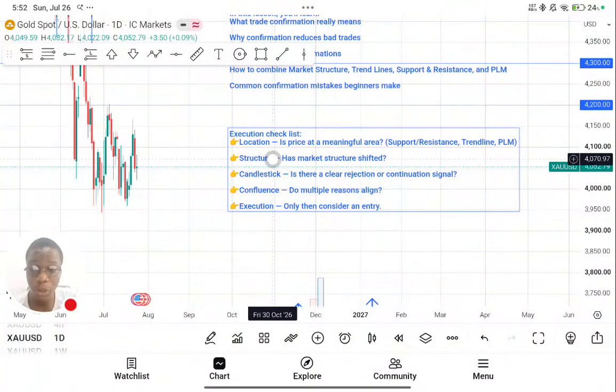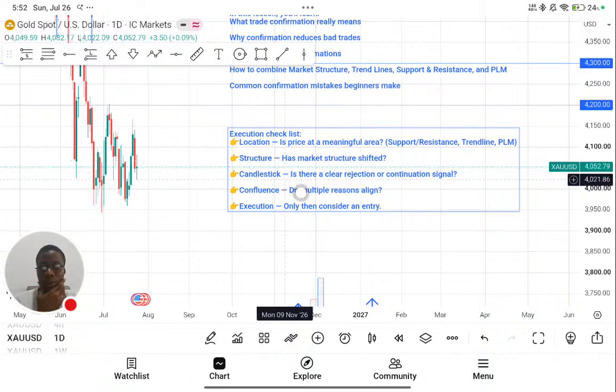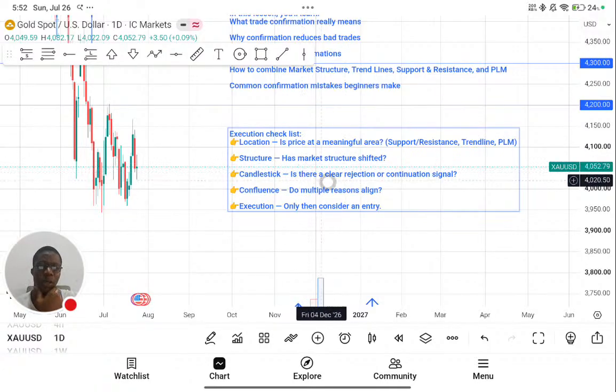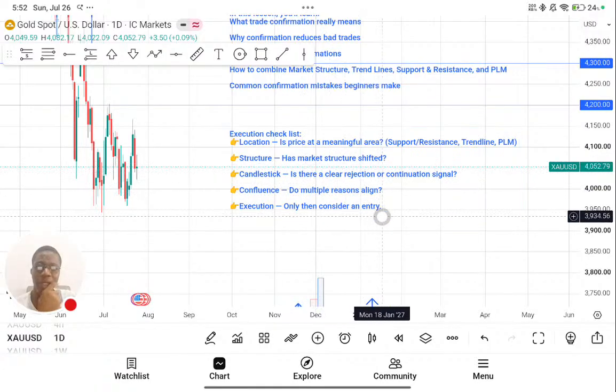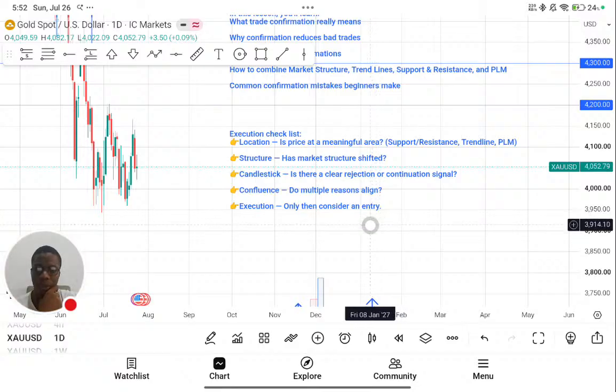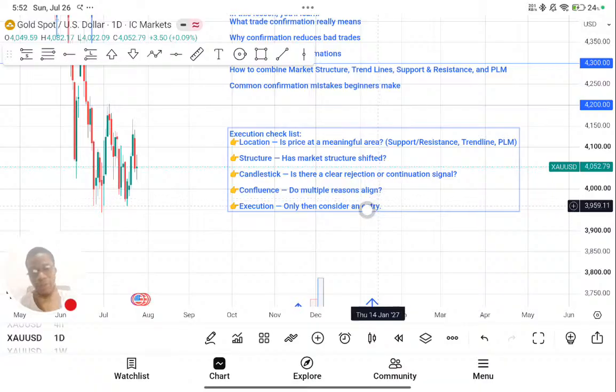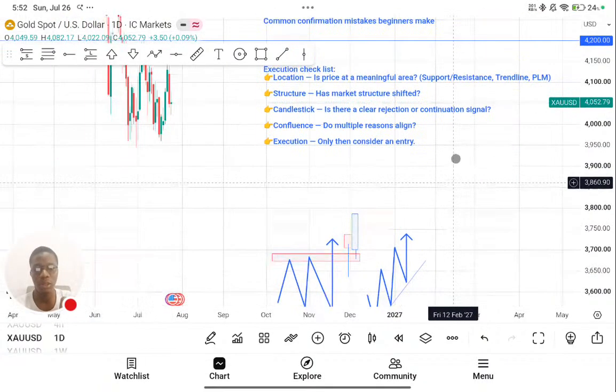It's from structure you start knowing what to look out for, either sells or buys. After you've identified if it's an uptrend or downtrend, next we ask, on the candlestick, is there a clear rejection or continuation signal? Then you answer that question. Do multiple reasons align? If they do, then you execute.